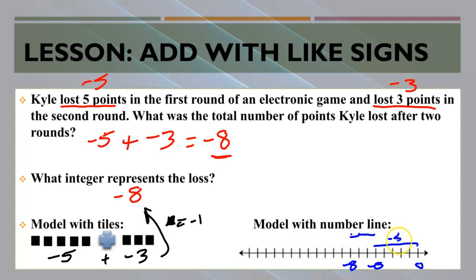So this was a -5 loss, and then this was a -3. If you want to draw the number line or the tiles, you can do that. It may take you a little bit longer, but eventually you'd want to solve it with the algorithm here. So -5 plus a -3 equals -8.